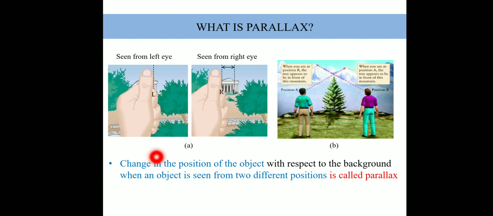So there is a change in position of the object with respect to the background. When the object is seen from two different positions, this is called parallax. That means this difference of position is known as parallax.